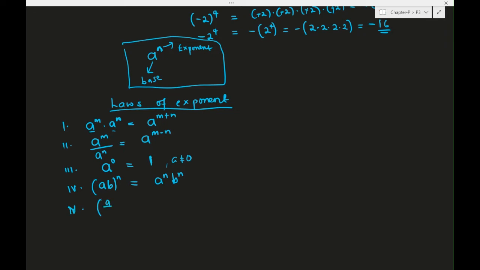And also if we have A over B all to power n, we can write this as A to power n over B to power n. And let's say we have another important one, A over B to minus n. This we can write as B over A all to power n.